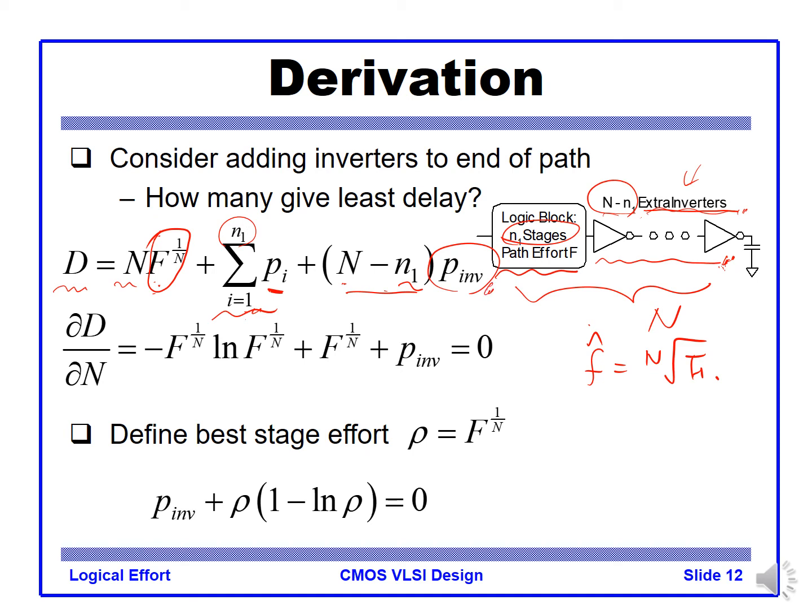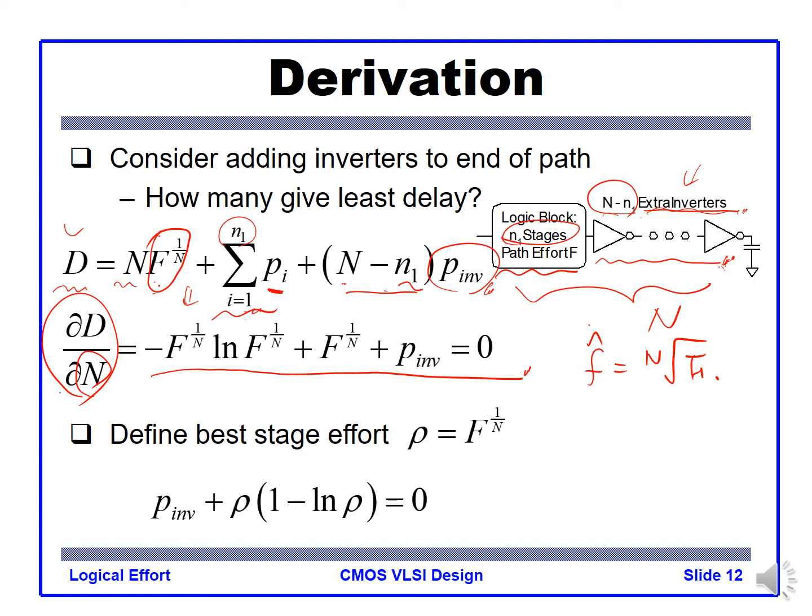We want to find the n that minimizes this path delay. To find that n, we use a derivative. We take the derivative of d with respect to n, dd over dn equal to 0. You calculate that, and this kind of equation is shown here.